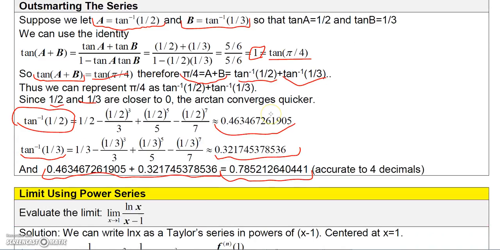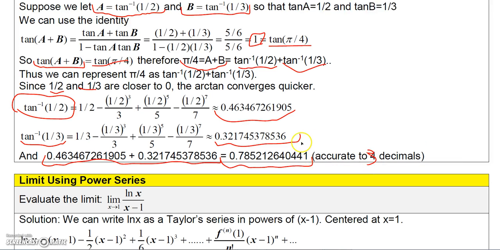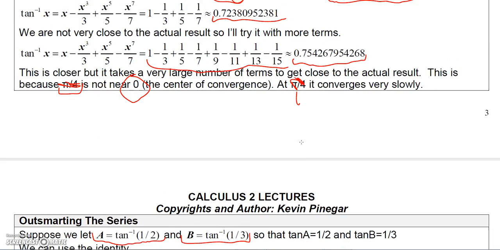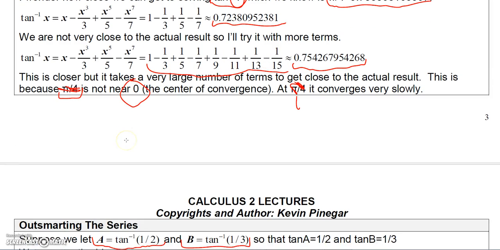So I said 4 decimals, but it looks like maybe we're accurate to 3 decimals. But anyway, we're much more accurate than we were earlier when we were trying to solve this, which was going to give me pi over 4 for the answer.